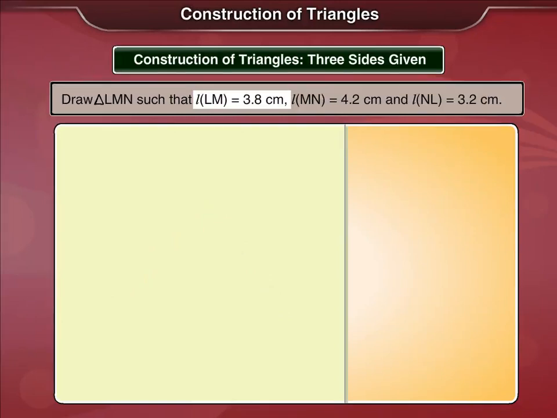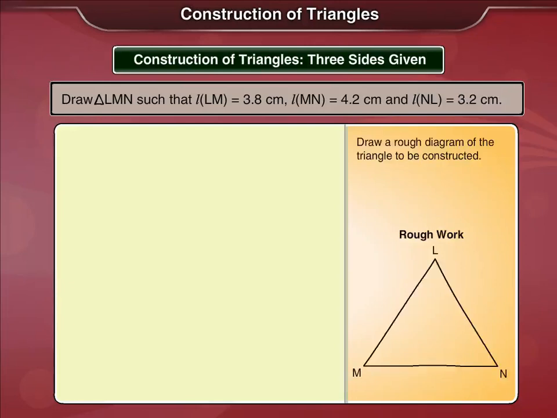The length of side MN is equal to 4.2 centimeters and the length of side NL is equal to 3.2 centimeters. First, let's draw a rough diagram of the required triangle to be constructed.